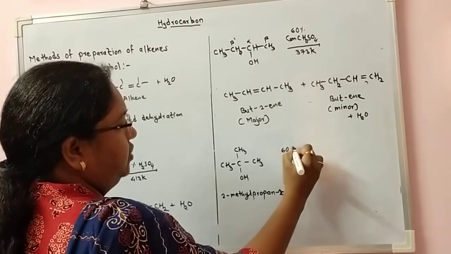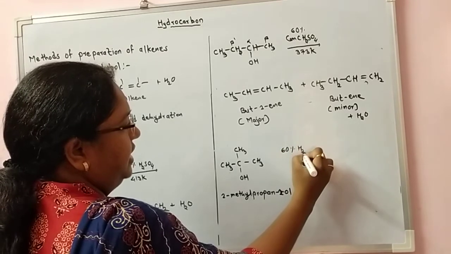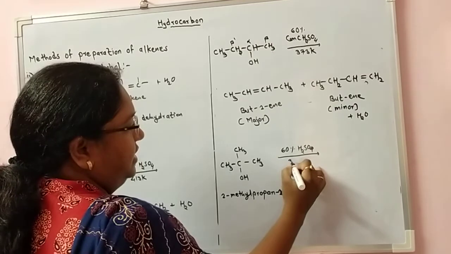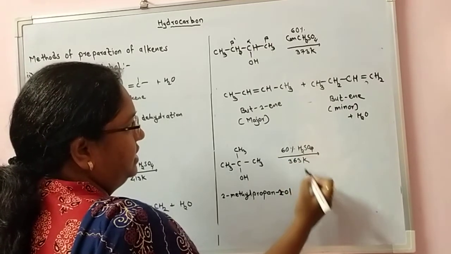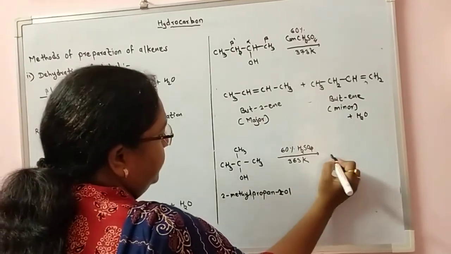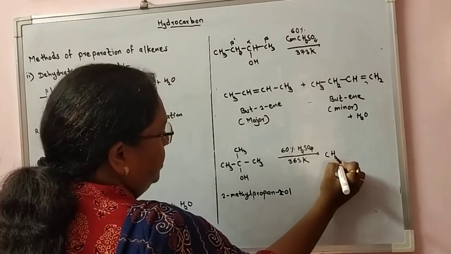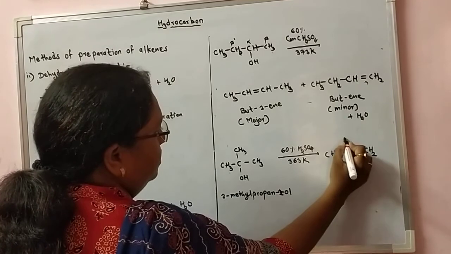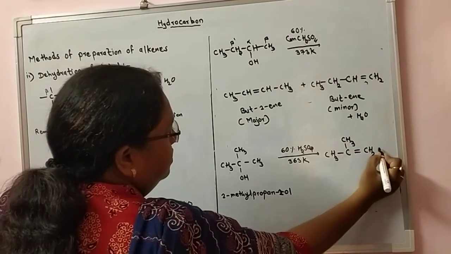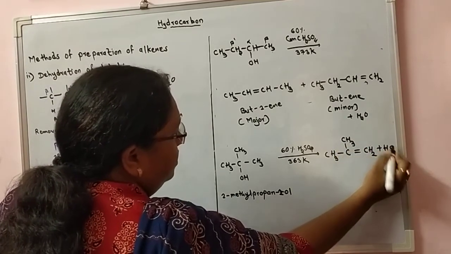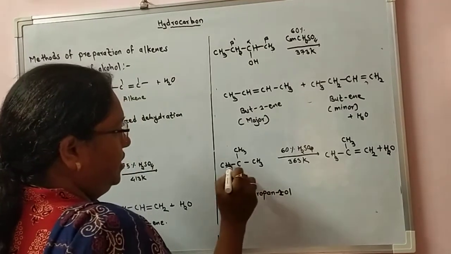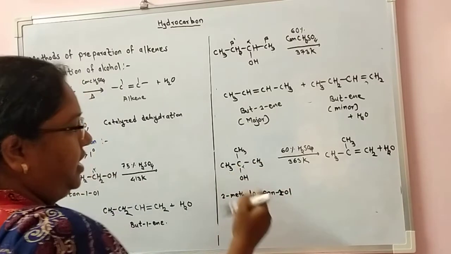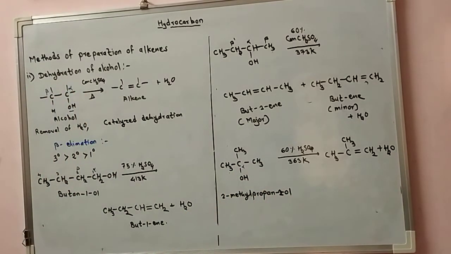Now as it is reactive, some 60% sulfuric acid is used, and 363 Kelvin temperature, which is also less as compared to primary and secondary alcohol. Now the one product which is obtained here is this alkene, isobutylene. So here this carbon is alpha and these are the 3 beta hydrogens, but having the same nature of hydrogen.